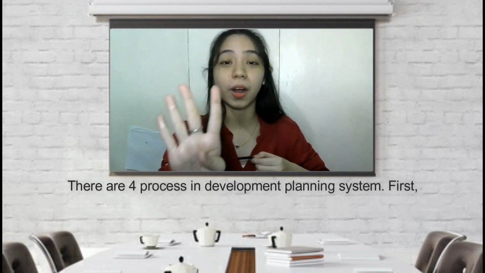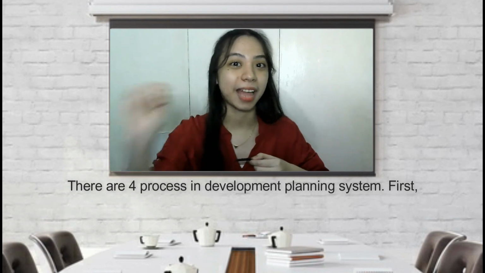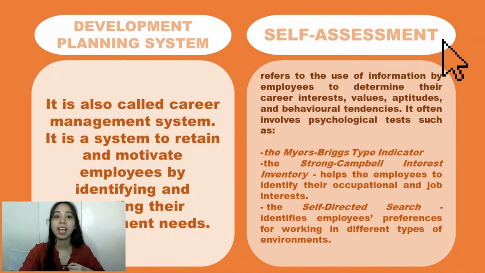There are 4 processes in the development planning system. First is the self-assessment. It refers to the use of information by employees to determine their career interests, values, aptitudes, and behavioral tendencies.